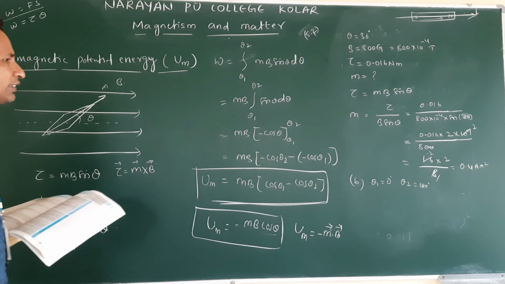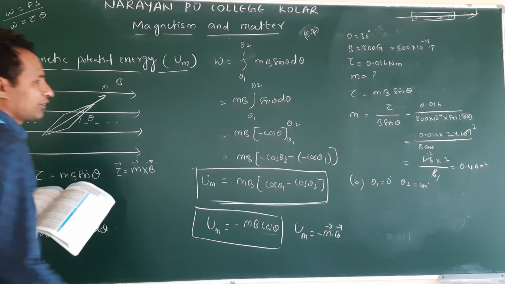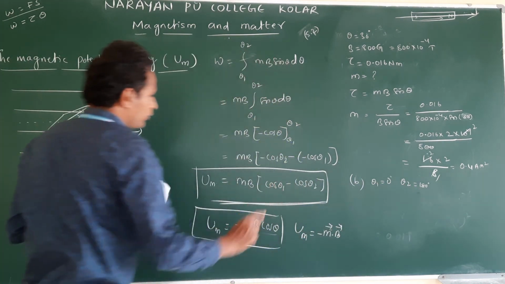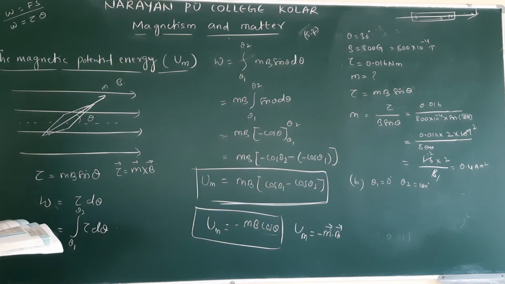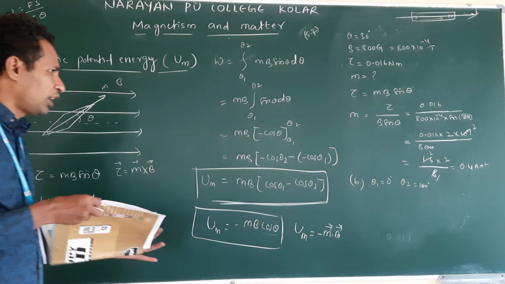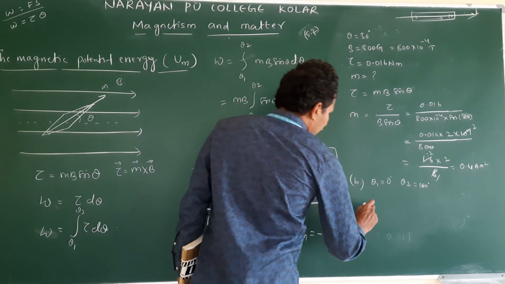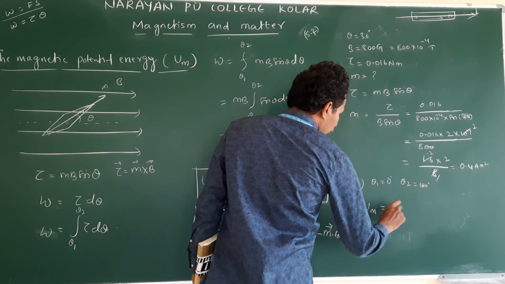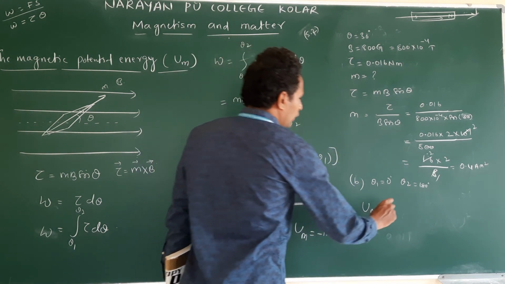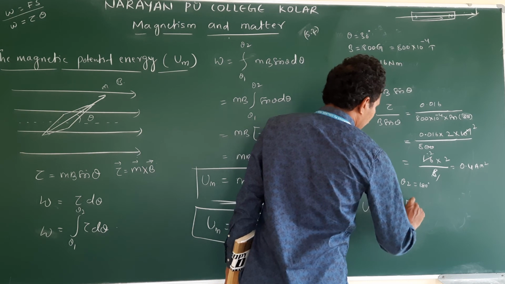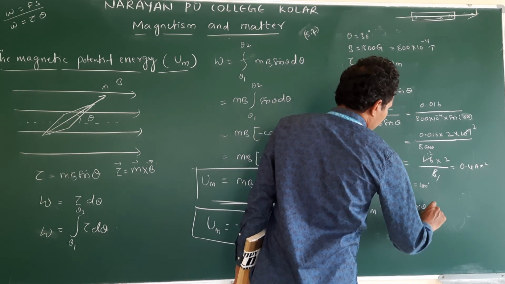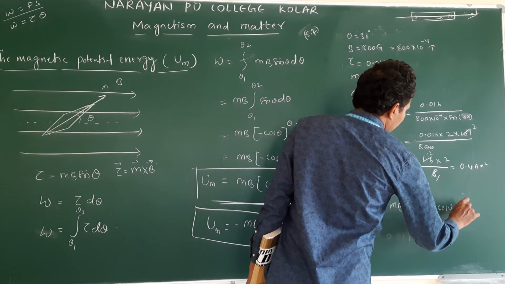They are asking work done, they have given two angles, follow this formula. Clear? Now, what is that work done? Nothing but energy stored. W is equal to mB (cos theta 1 minus cos theta 2).